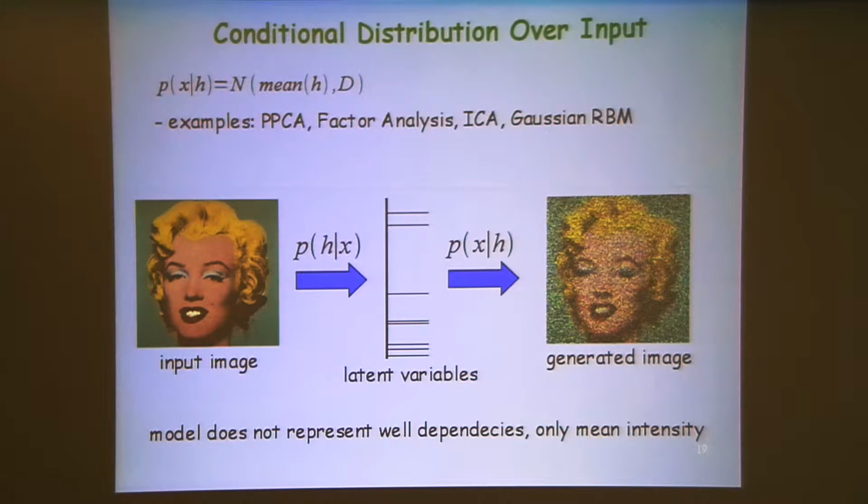An image with roughly the correct mean intensity, but certainly not the pairwise correlations between the pixels, just because the covariance is spherical or diagonal. It doesn't capture the fact that nearby pixels in images tend to be strongly correlated, right? So this is a limitation for this class of approaches.